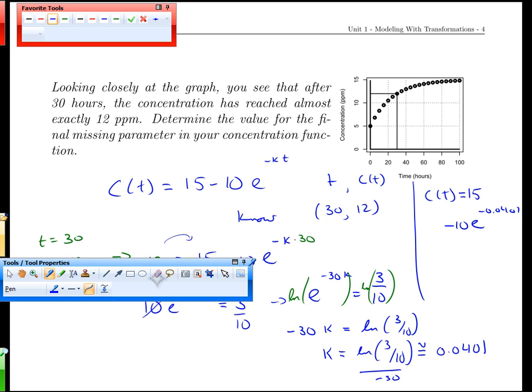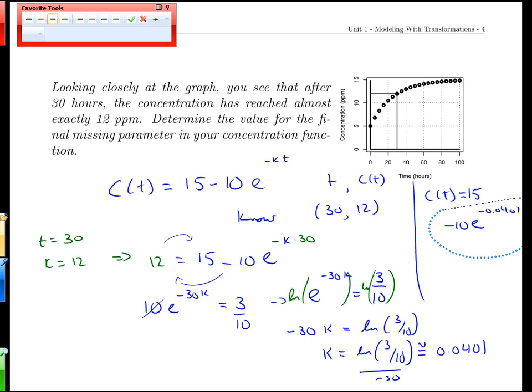I'll just move this over for a second so we can squeeze in our t. There we go. 0.0401 times t. So 15 minus 10 e to that will give us the inverted negative exponential decay graph here, going towards 15 as the horizontal asymptote, and with the scaling here that matches the data.